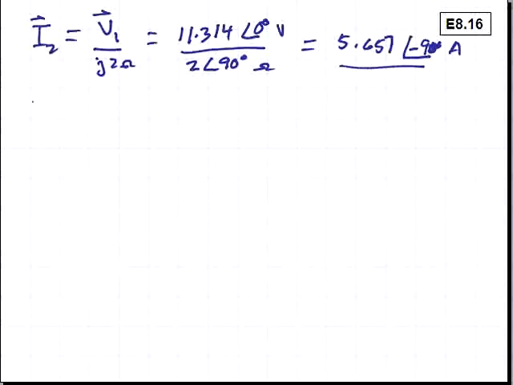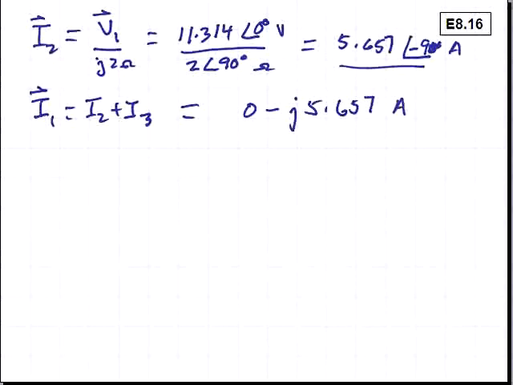Then the current I1 is equal to I2 plus I3, and this is equal to 0 minus J 5.657 amperes. That's the I2 component. And then we'll add to that 2.828 plus J 2.828 amperes.